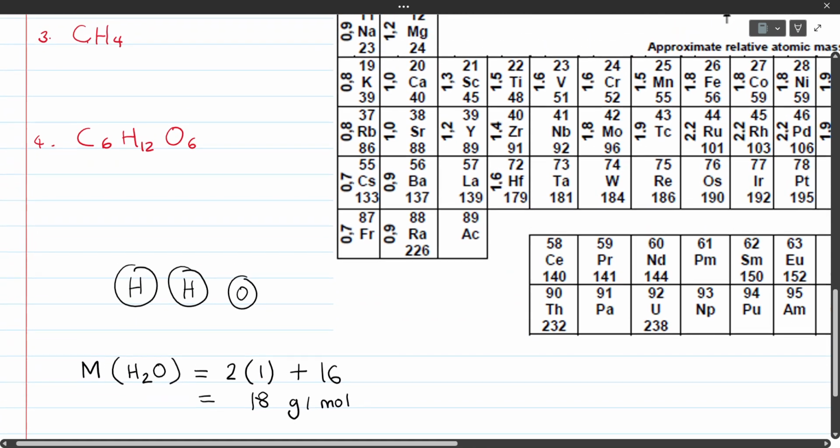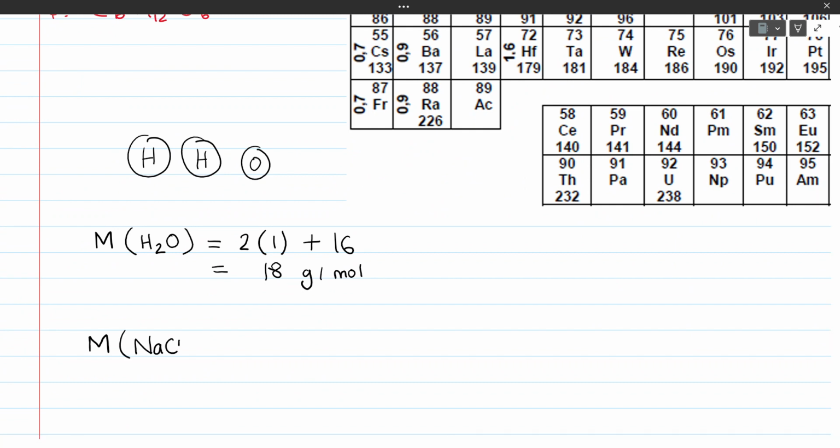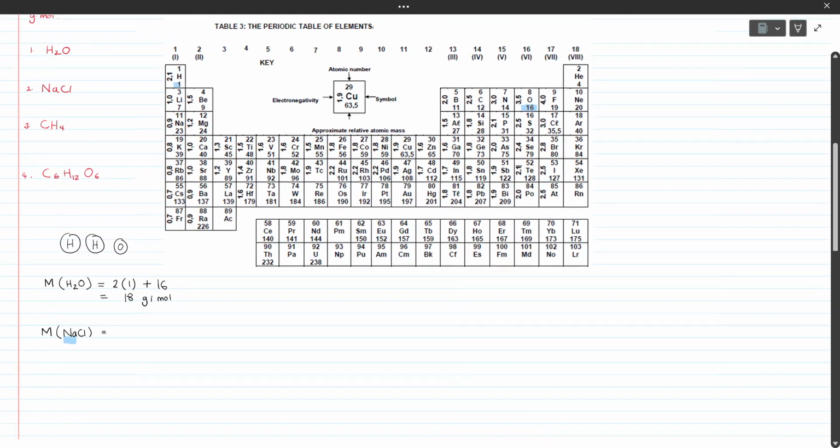Alright, let's do the next one. We've got NaCl. So again, I want to find the molar mass of NaCl. Okay, so first you can go and look up your relative atomic mass of sodium. If we do that, we find that sodium has a relative atomic mass of 23 plus chlorine.